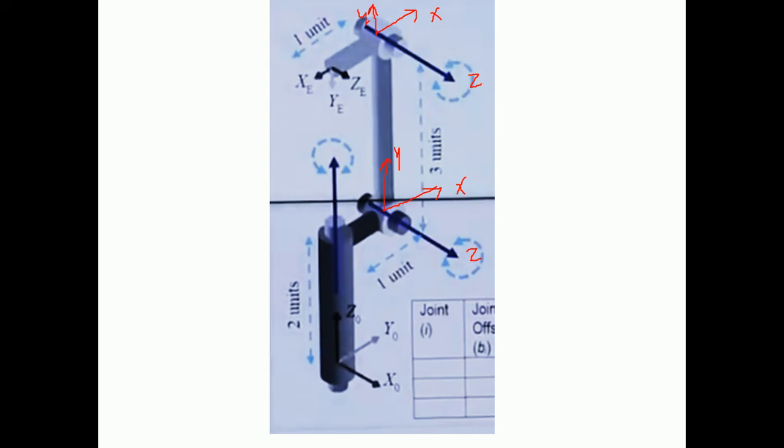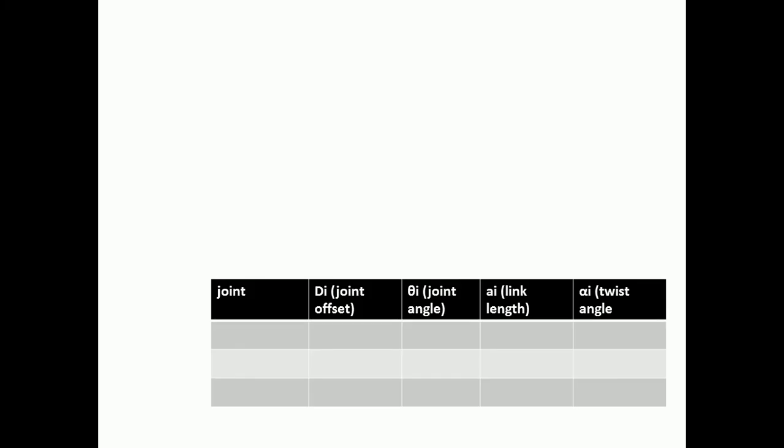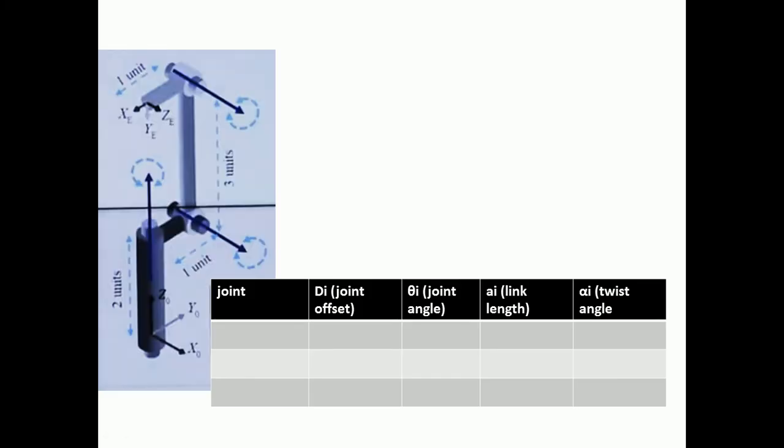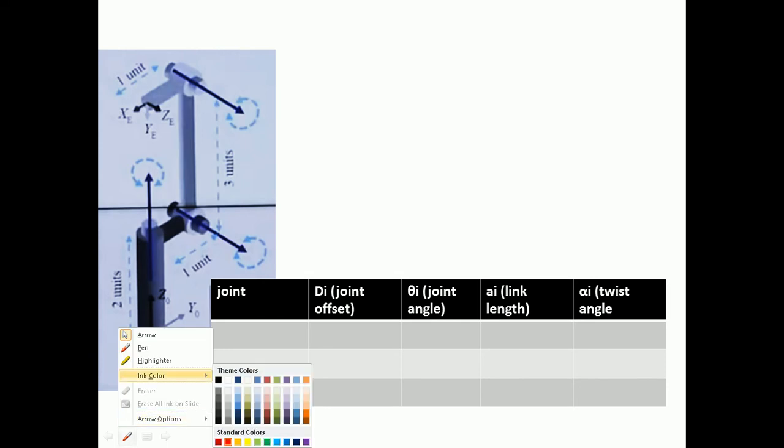Now we are going to find the DH parameters for this link. So this is the link. A few notations which I am going to write again.